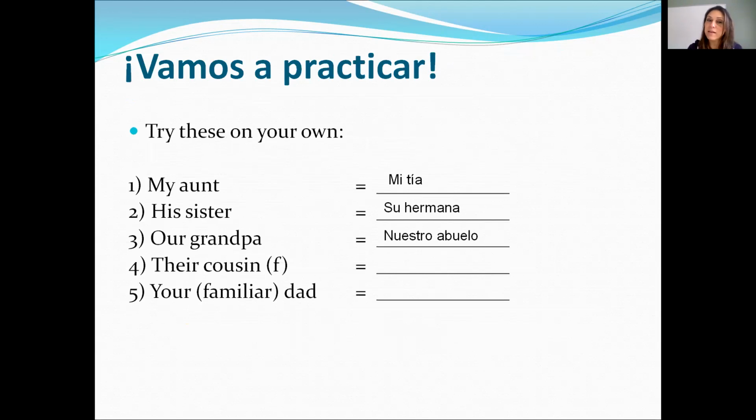So notice he said sus primas. Is primas right? No, because it's prima. It's singular. And then there needs to be singular also. So it would be su prima, not sus primas. Okay, and then you're the familiar and dad.